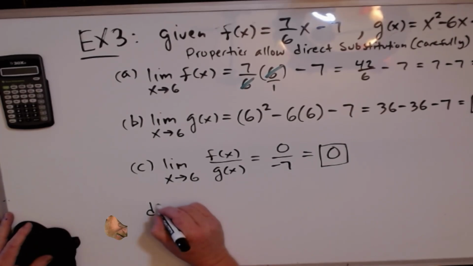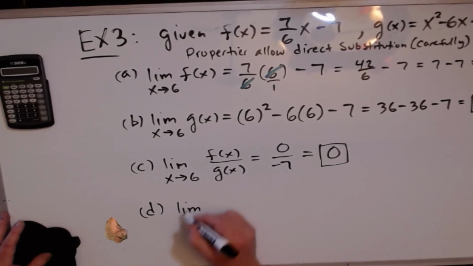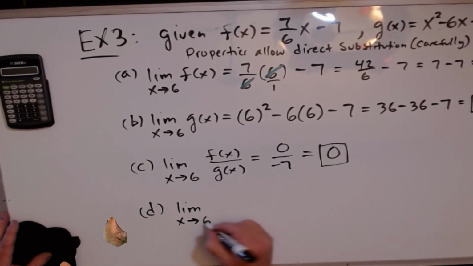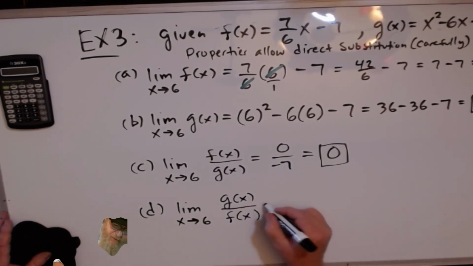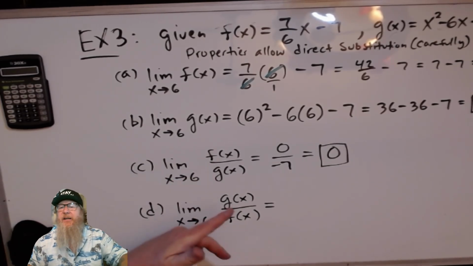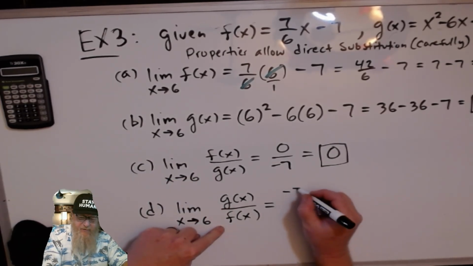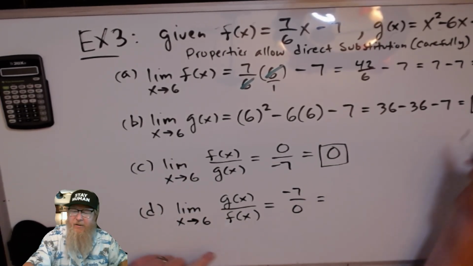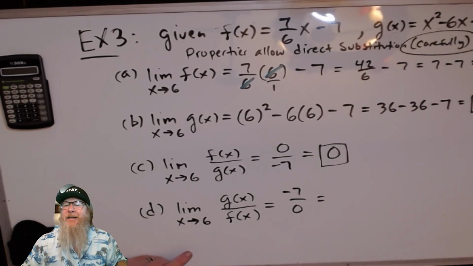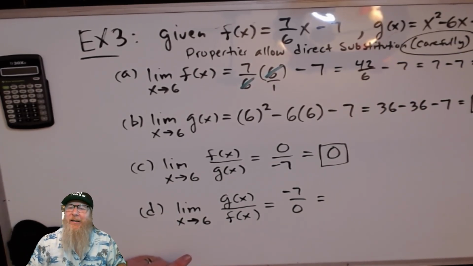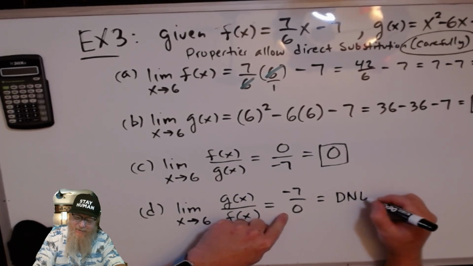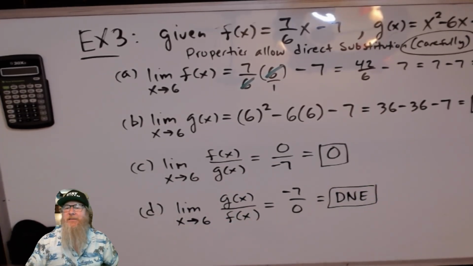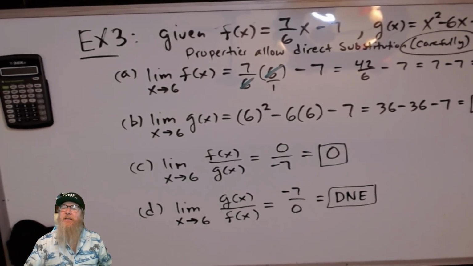But to emphasize the quotient property when the 0 is on the bottom, if I reverse it, g over f, well, you've got to be careful. So I apply the properties carefully. Negative 7 divided by 0 is DNE, does not exist. So that limit does not exist.